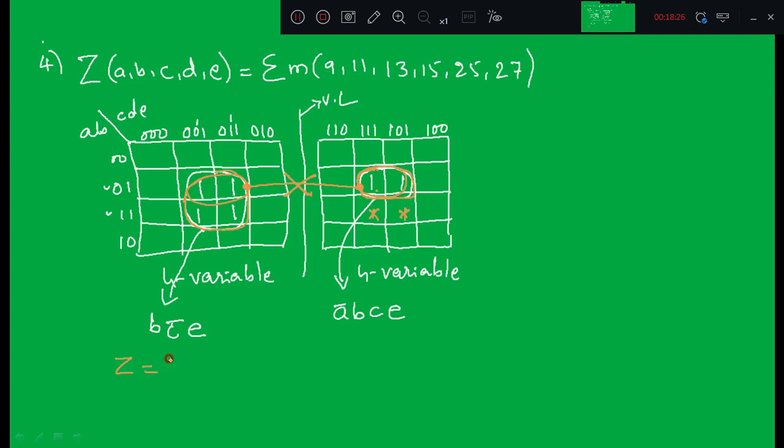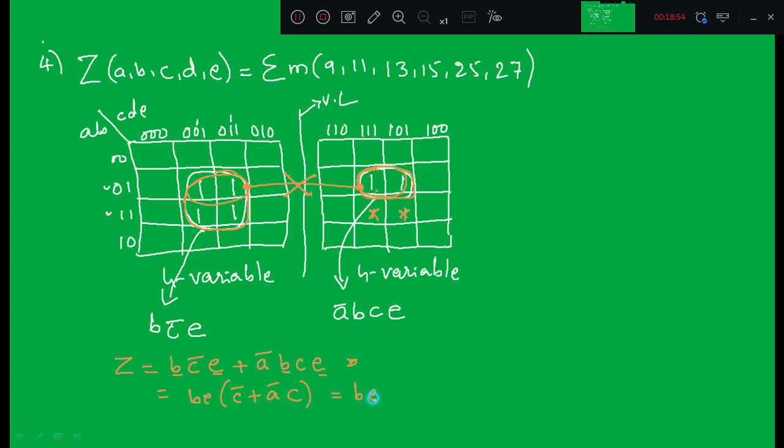So what is the final expression? It is B C bar E plus A bar B C E, right? In the next step, you can take B and E common from both the terms, and write B E into C bar plus A bar C, right?